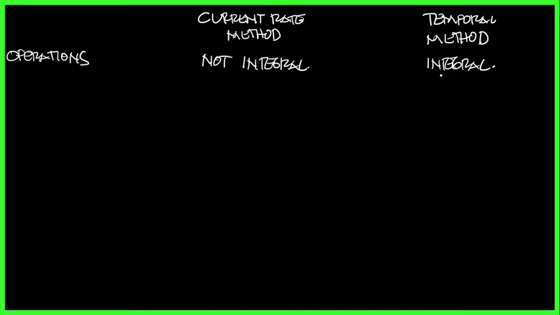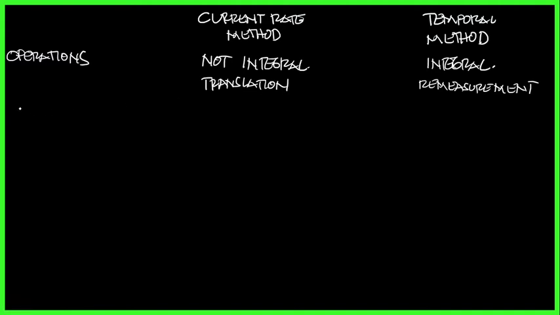And sometimes, instead of saying that the operation is integral or not an integral part of the parent's operation, they use the terms translation and remeasurement. When they use translation, they are describing the operation as not integral, and they expect you to use the current rate method.